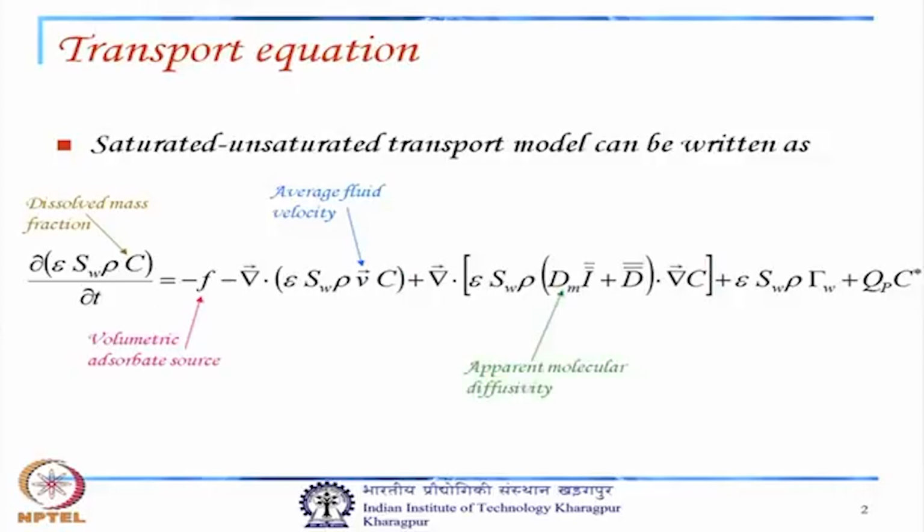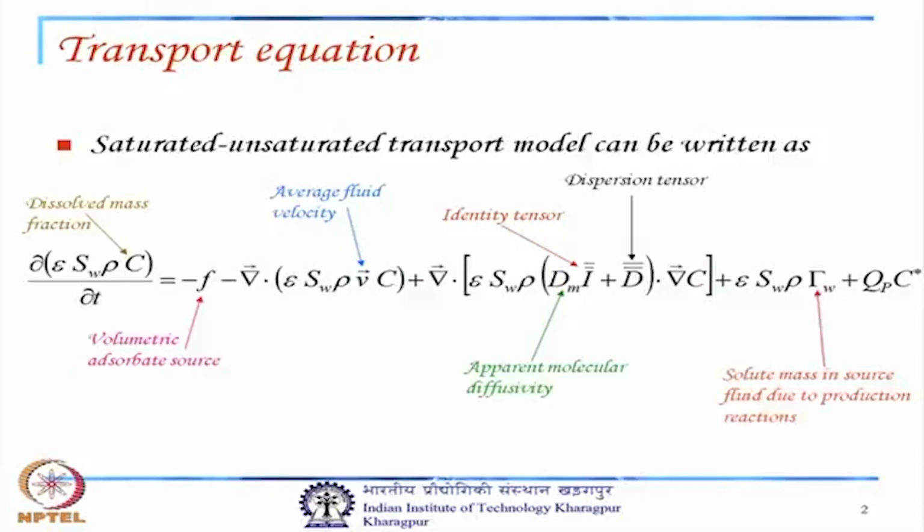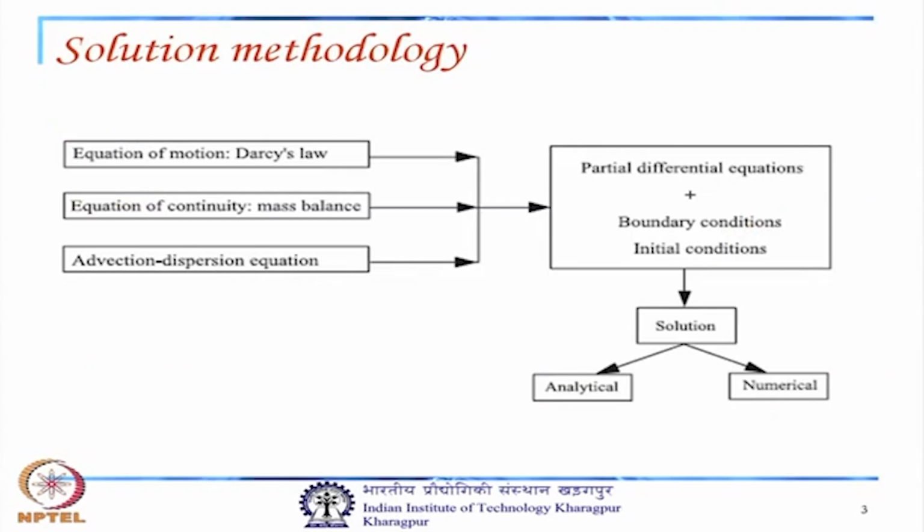Then we have apparent molecular diffusivity and identity tensor, and this is dispersion tensor, and this is our solute mass in source fluid due to production reaction, and this is QP into C star. C star is basically the solute concentration of fluid sources.